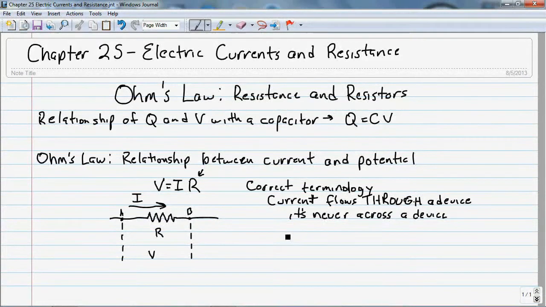Now, for the potential, I didn't spell potential correctly. Potential is across a device. It is never said to flow through a device.